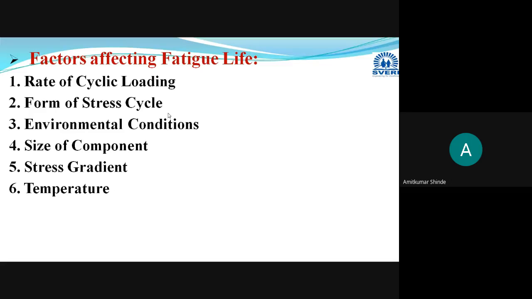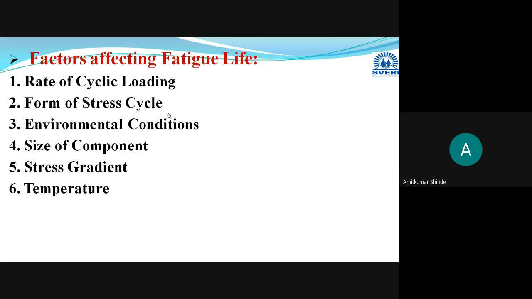And last and most important is the temperature. Whenever you use a higher temperature than room temperature, the fatigue life decreases.